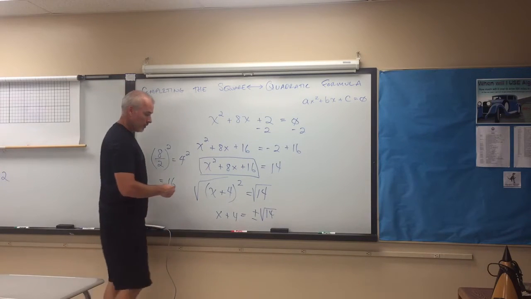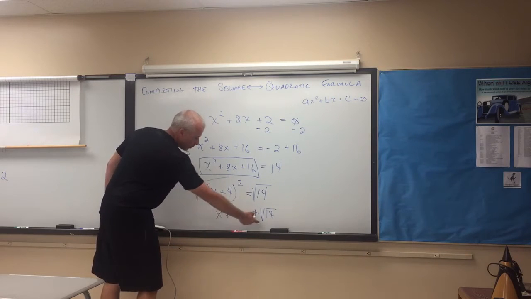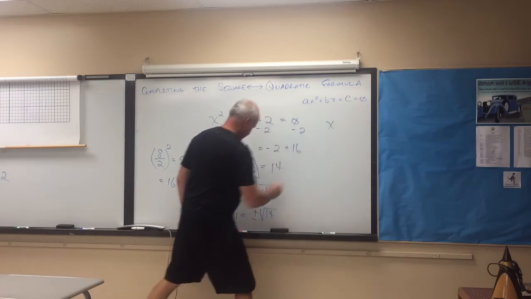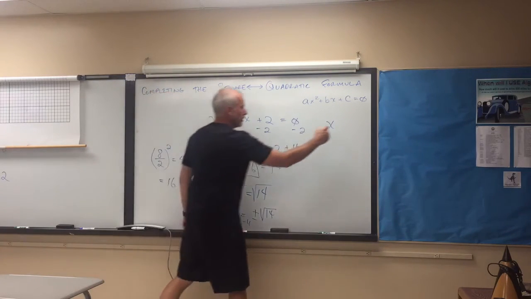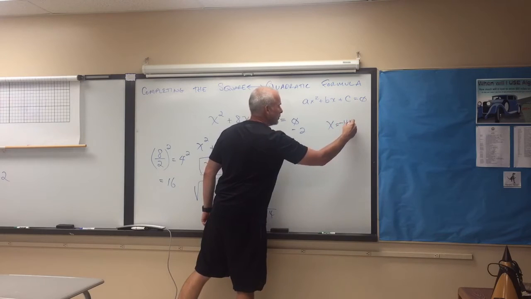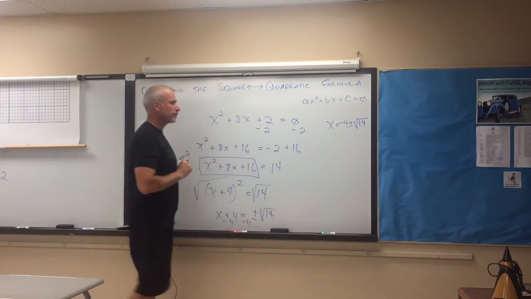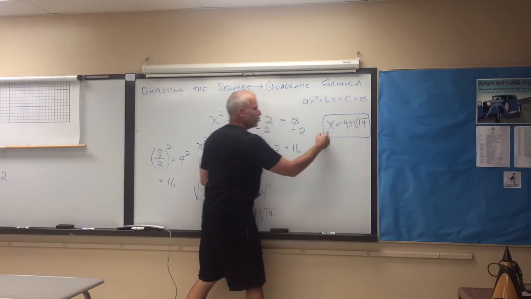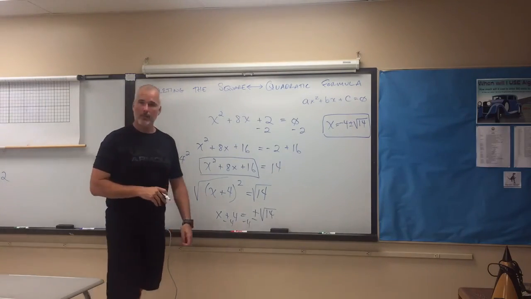And so now it just becomes a simple subtraction problem. I'll bring the 4 over to the other side, and I wind up with x equals negative 4 plus or minus the square root of 14. So there are my two solutions, my two roots to that problem. I'm going to stop the video for a second.